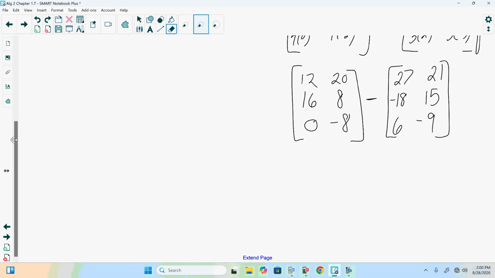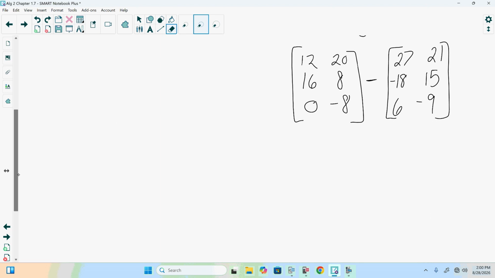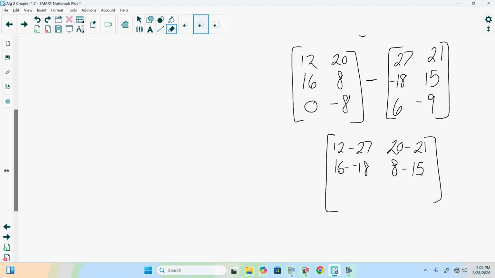Then the last thing we need to do is to subtract. 12 minus 27, 20 minus 21, 16 minus negative 18, 8 minus 15, 0 minus 6, negative 8 minus negative 9. We good? Yeah. Okay.